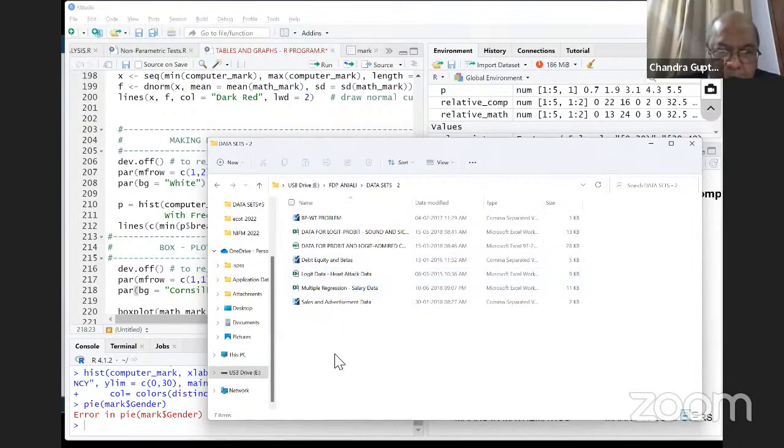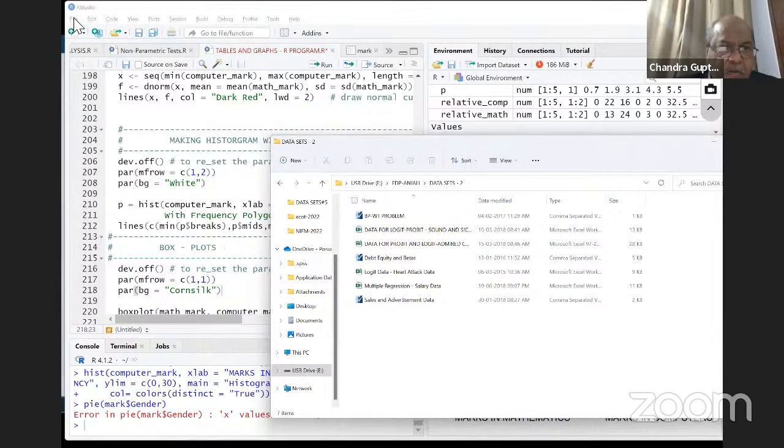I just import this data file, data set 2.